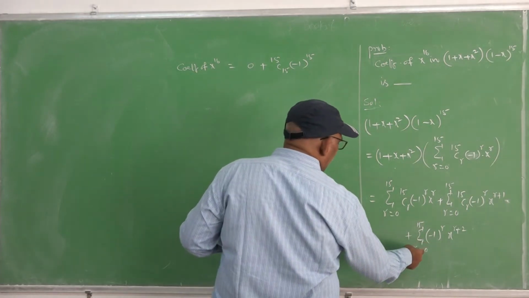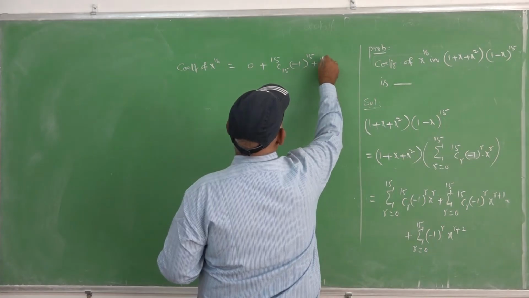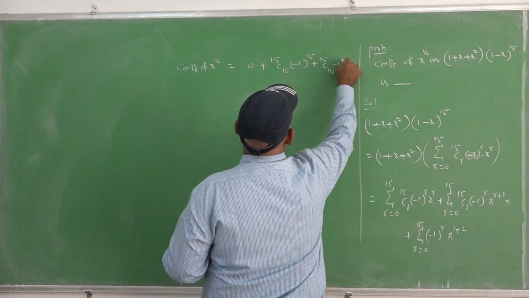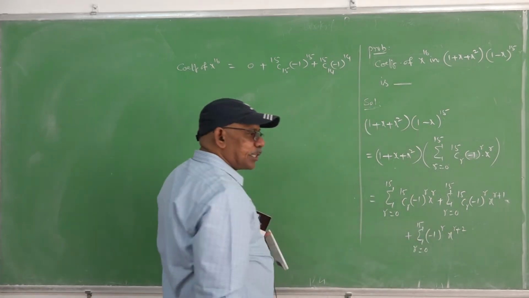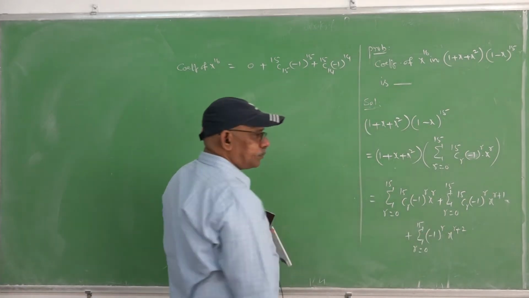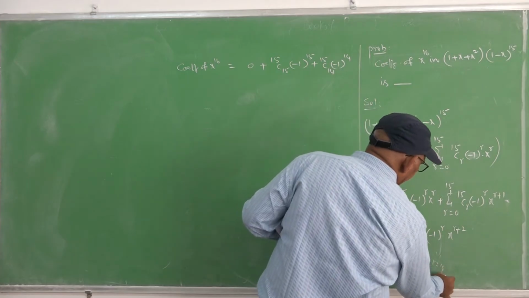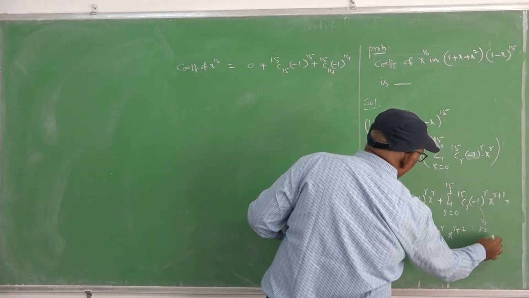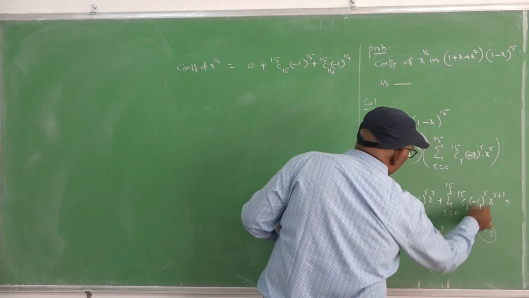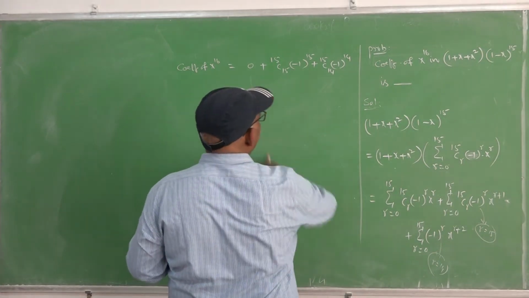But for r equal to 14, we get x power 16 here. So 15 C 14 into minus 1 whole power 14 gives us the coefficient of x power 16 in this expansion. In this one, for r equal to 14, we get x power 16. In the other one, for r equal to 15, we get x power 16. There is no x power 16 term in the first, hence I am taking 0 there.